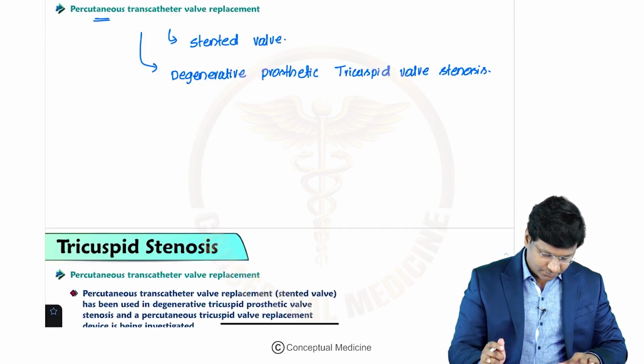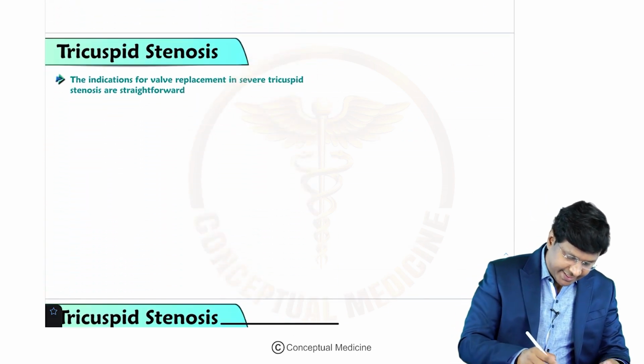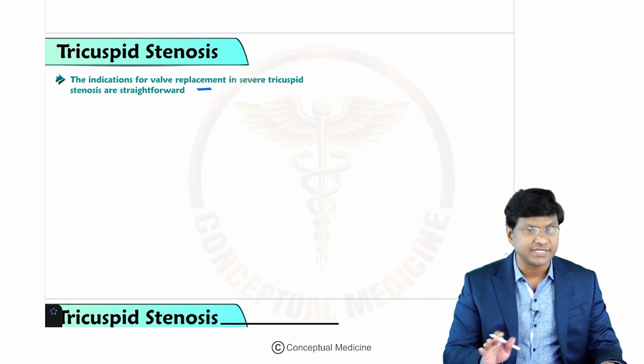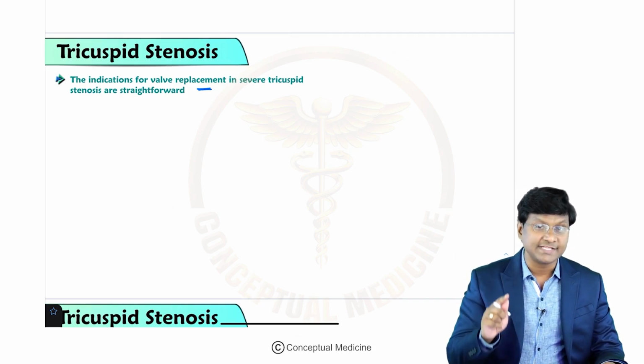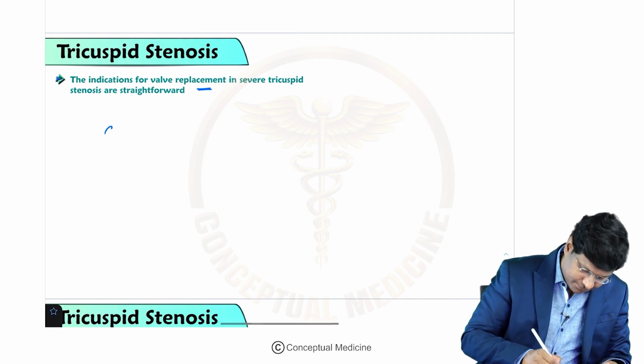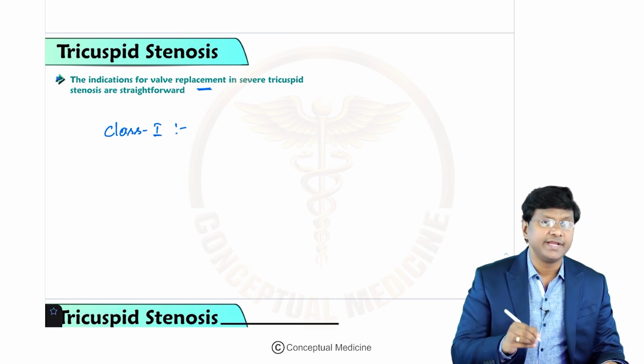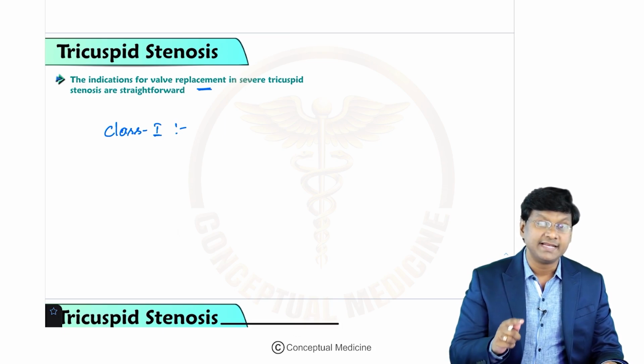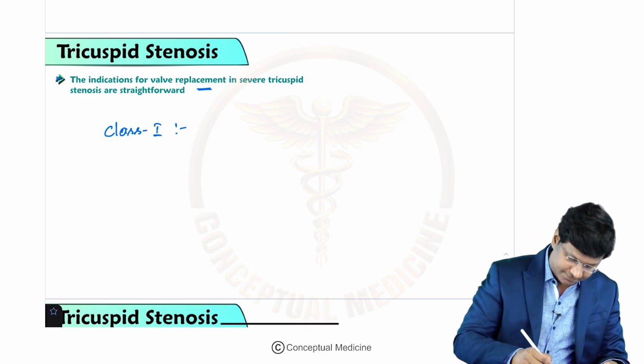So the indications for valve replacement in tricuspid stenosis are straightforward. What is the class 1 indication? Class 1 indication includes at the time of operation for left-sided valve disease.